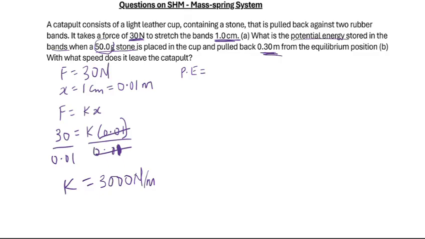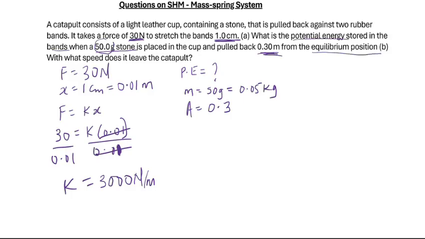They said, what is the potential energy stored in the band? So we are looking for the potential energy which is stored in the band when a 50 gram mass, which equals 0.05 kilogram, is placed in the cup and pulled back to our amplitude, because that is the maximum distance pulled back from the equilibrium position.